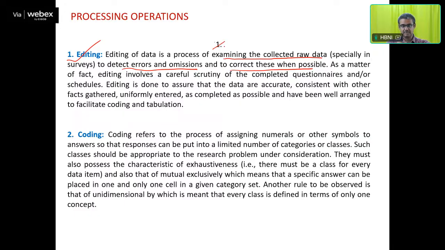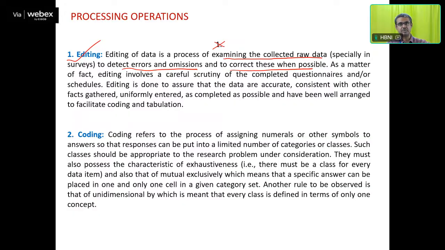Editing of data is a process of examining the collected raw data, whether from surveys, or data you collected for scientific research with equipment, which you plot using some suitable software.